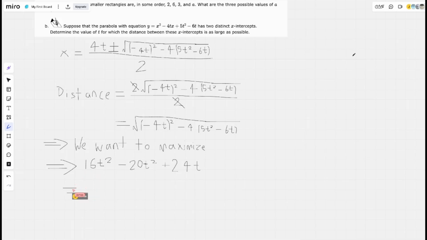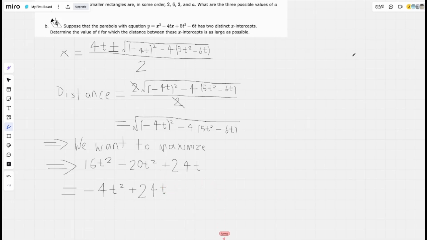So that's 16 minus 20, that's negative 4. So you have negative 4t squared plus 24t. So if you want to maximize this expression and find the value of t that gives you the maximum value.